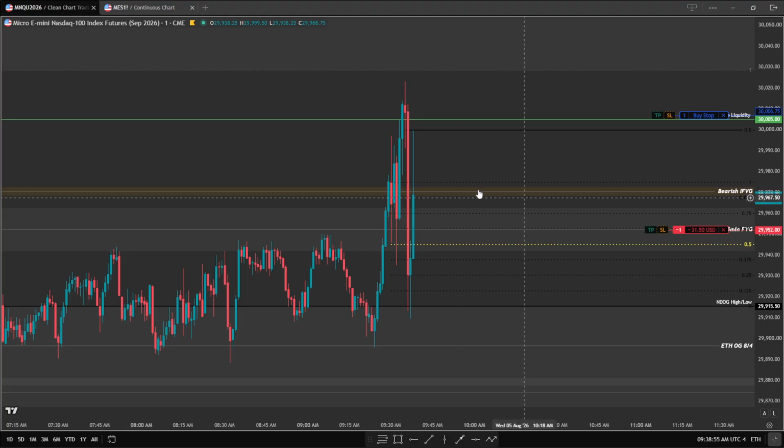It'd be really nice if it closed below this. Eh, it could have done it and it chose not to. I really like the sell side down here.